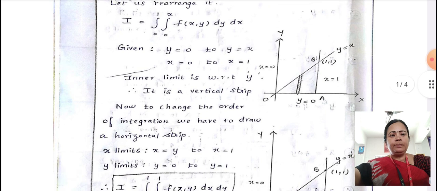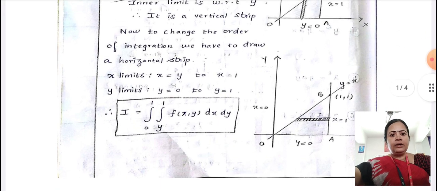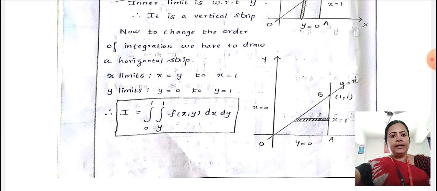Since the inner limit is with respect to y, it is a vertical strip. So when you have to change the order of integration, you have to draw a horizontal strip. When you draw a horizontal strip for the same figure, you get the diagram like this, and you will get the x limit first.